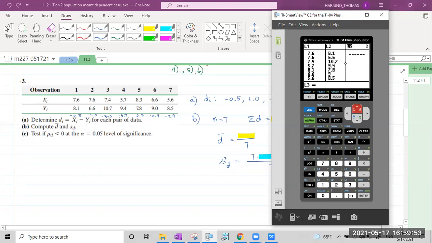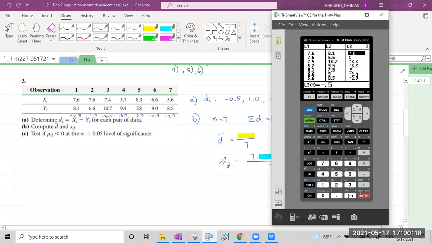Once you are there, you put in L1, which is associated to data X, minus L2, which is associated to data Y. Boom.